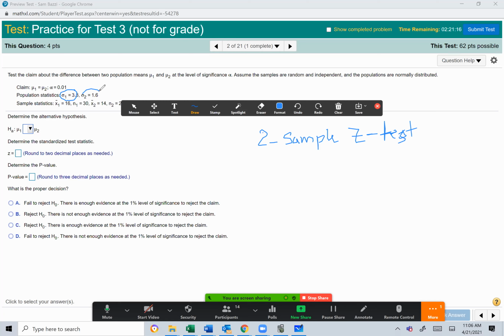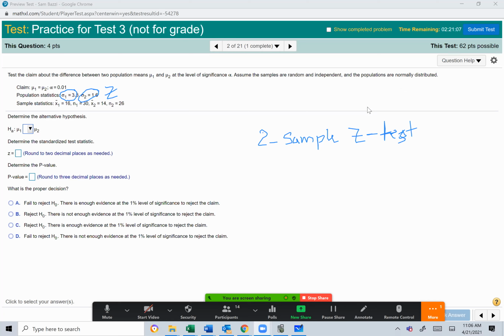Sigma 1 and sigma 2 are given, then it must be a z. So determine the alternative hypothesis: if the null hypothesis is equal, the alternative hypothesis is going to be not equal. Determine the standardized test statistic.